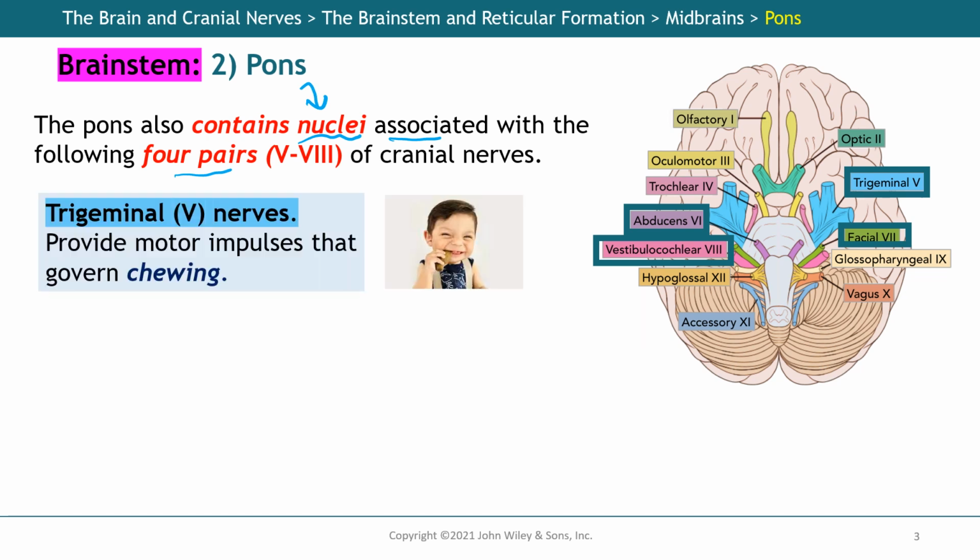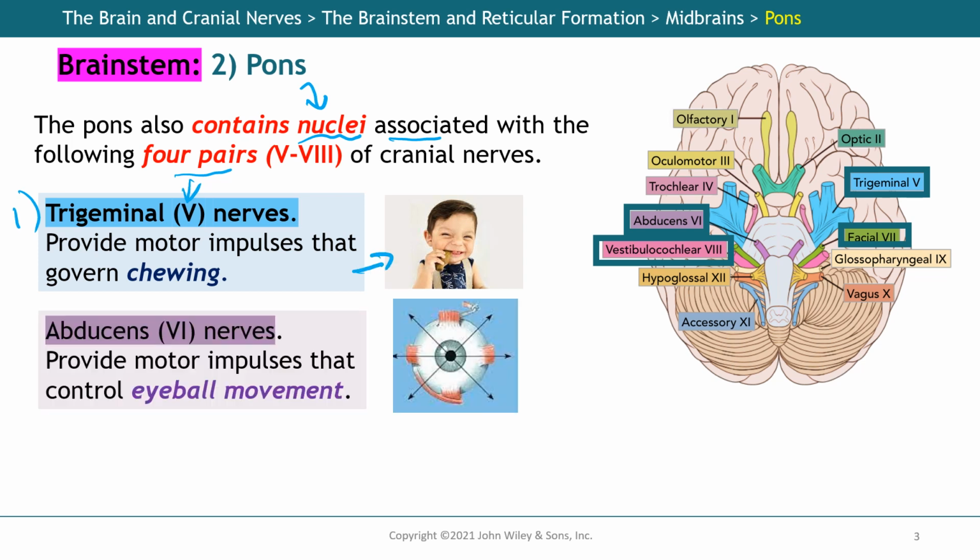So here, the first one, let me find the pen here. The trigeminal nerve, that is number 5, is in charge of providing the motor impulse for chewing. The number 6, that is the abducens, is in charge of providing the motor impulses to control the eyeball movement.